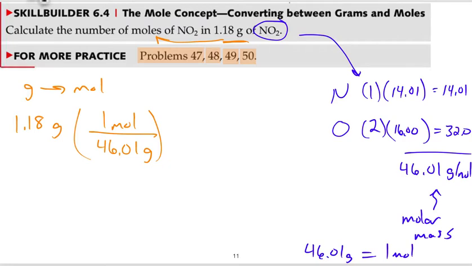And like I've said before, this is a template to keep track of what I'm multiplying by and what I'm dividing by. So in this case, I just need to divide by 46.01 in my calculator. Grams cancel out. And I am left with, again, to 3 significant figures, 0.0256.